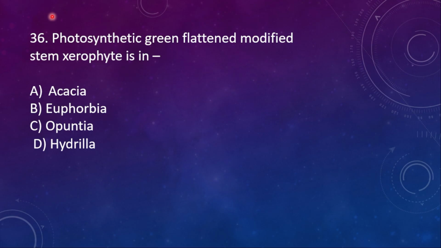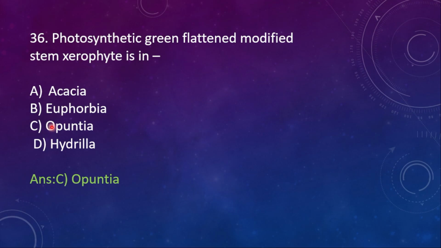36th question, photosynthetic green flattened modified stem of xerophyte is option A acacia, B euphorbia, C opuntia, D hydrilla. So here the right option is option C opuntia.